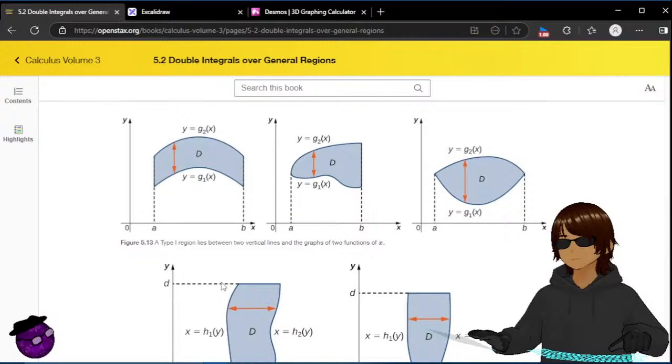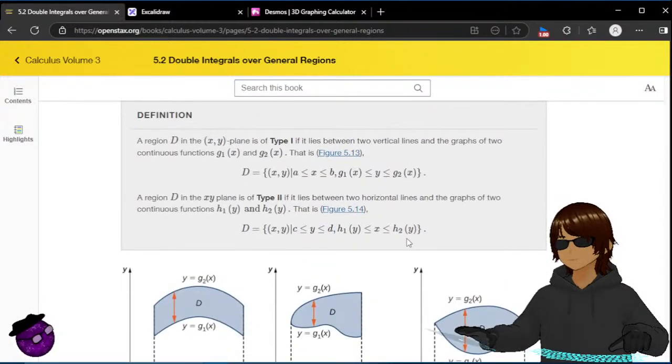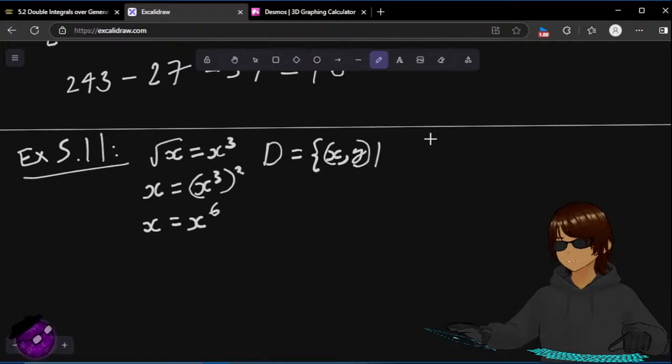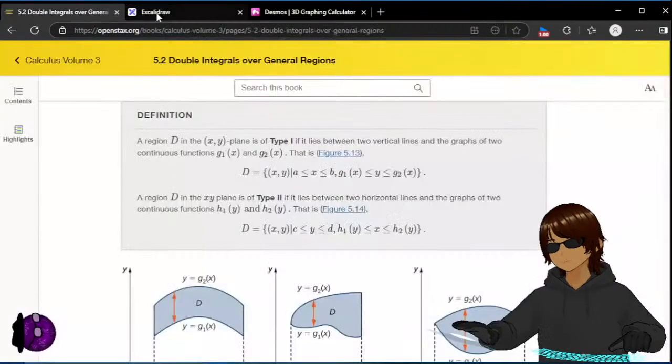So D is defined as the set of (x, y) where x is between 0 and 1.